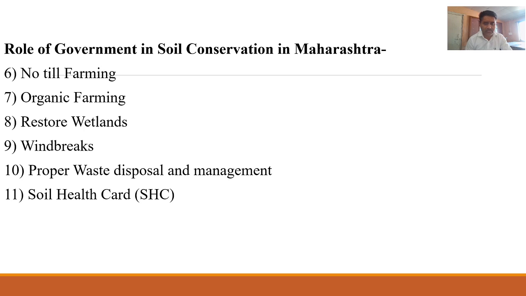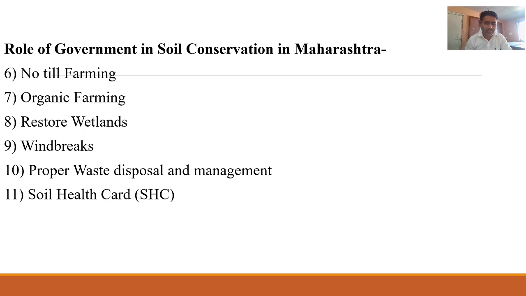Secondary and micronutrients are also important so far as production is concerned, and if all these nutrients are balanced, then their production will increase. So all these things are taken into consideration. The government of Maharashtra is doing the practice of soil conservation.